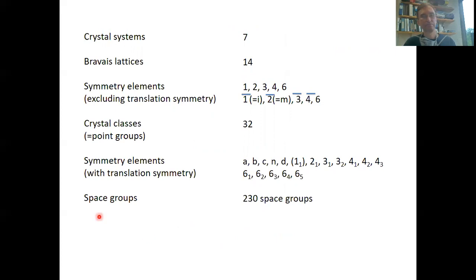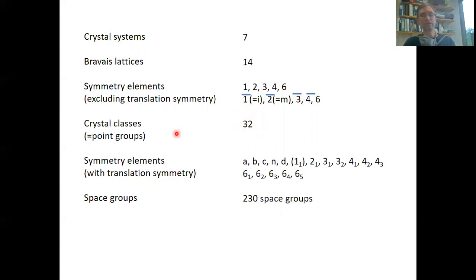So let us derive the space group from the following overview here. We have learned that we have 7 crystal systems. We have 14 Bravais lattices. Under the exclusion of translational symmetry, we can have the symmetry elements 1, 2, 3, 4, 6, 1 bar, 2 bar, 3 bar, 4 bar, 6 bar, which gives us the 32 point groups.